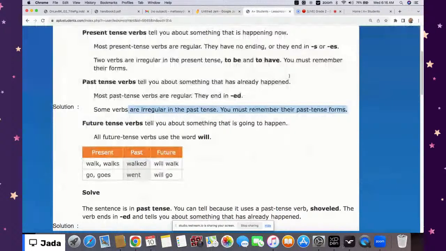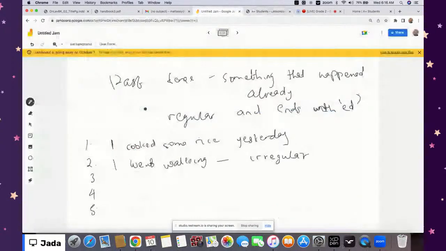You must remember their past tense form. Most times we have regular past tense with ed. We have the irregular, which is just like I went walking.